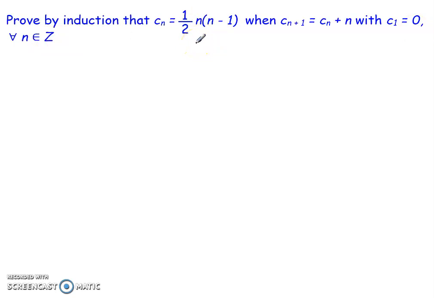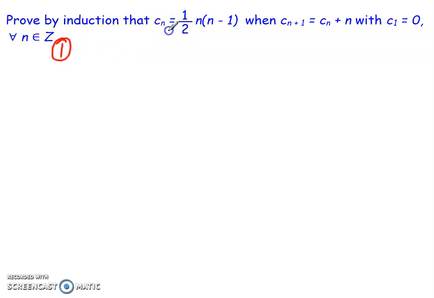So what we have to do, first step, is we prove that it holds for some generic term. Now we're told that C1 is equal to 0. So if C1 is equal to 0, what we want to do is prove that it holds for C2. If we can show that it holds for C2, both of these conjectures, then it is true for a set term.